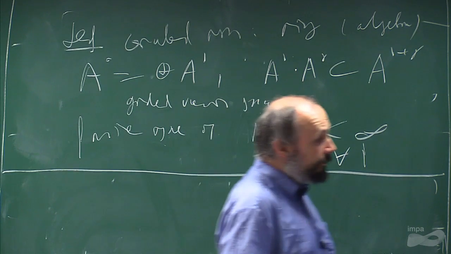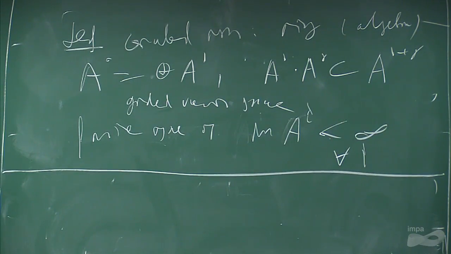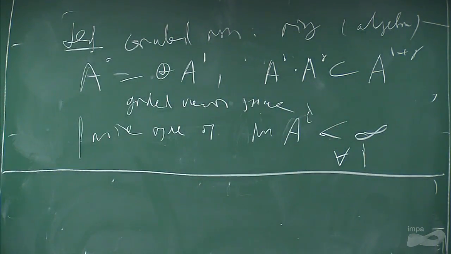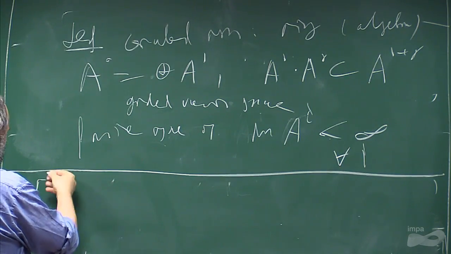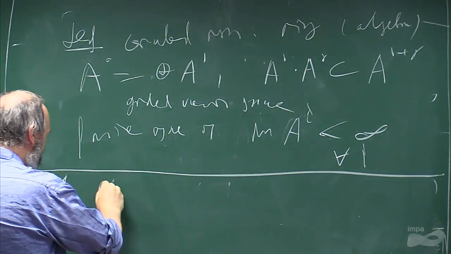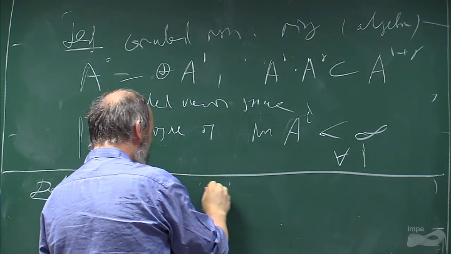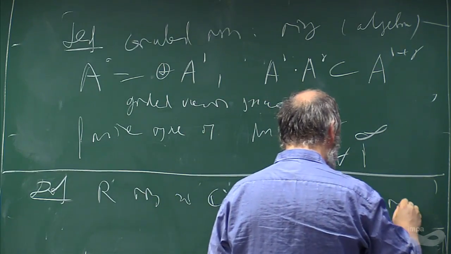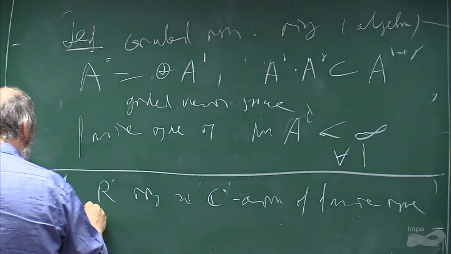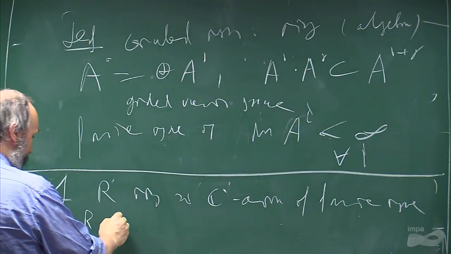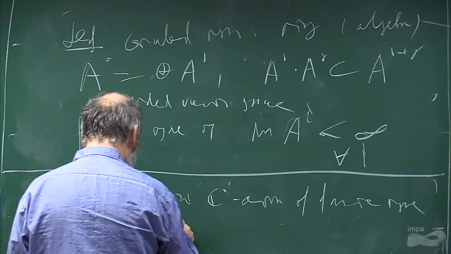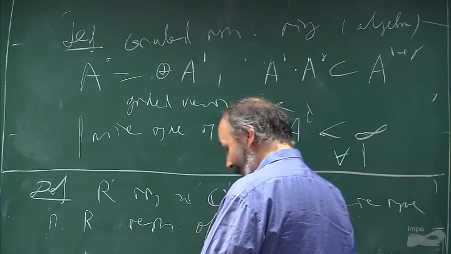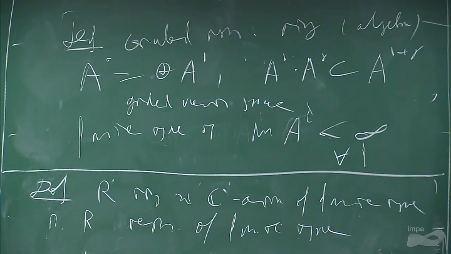Now we can also define this. I'm going to tell you why the rings with C star action are the same as graded rings. So definition: a ring with C star action is of finite type if the representation is of finite type. This means that it's the direct sum of finite-dimensional representations of this type.